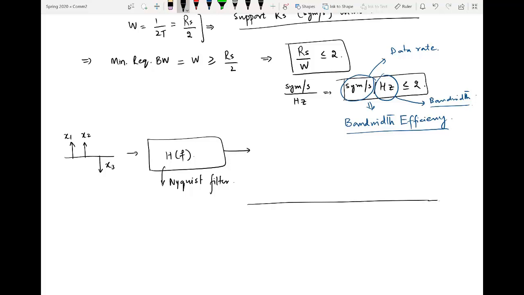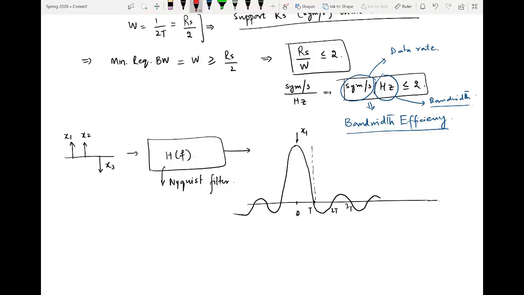Corresponding to the first sample x1, we will have a sinc with positive amplitude. So let me draw such a sinc over here. This is corresponding to x1. Now for x2, it will be spaced by capital T. So if the peak of x1 was at 0, then the peak of the second sinc corresponding to x2 will lie at capital T. This is T, this is 2T, this is 3T, and so on.